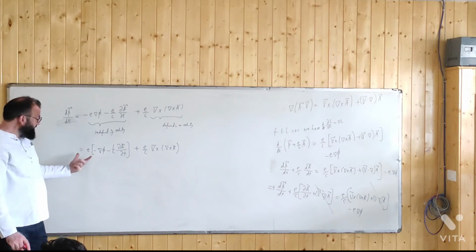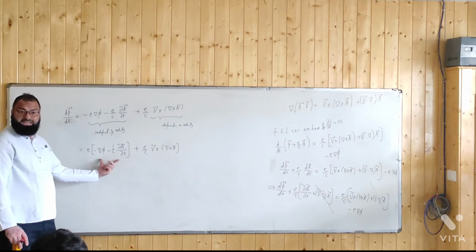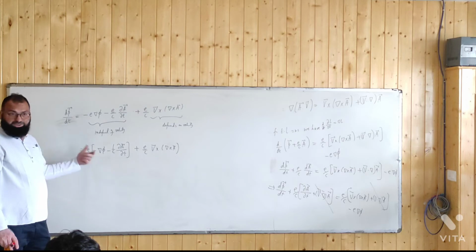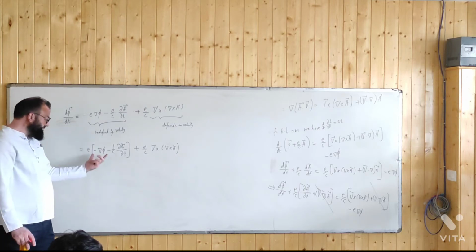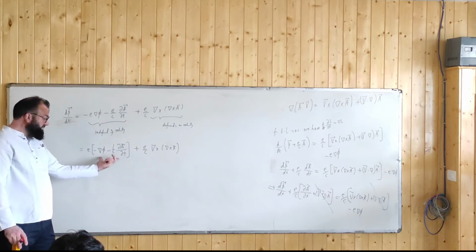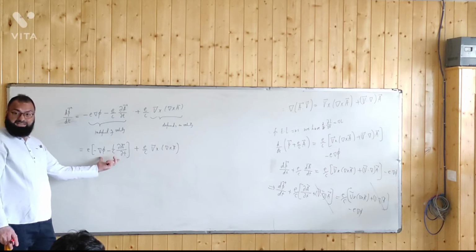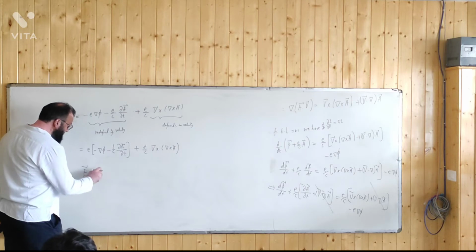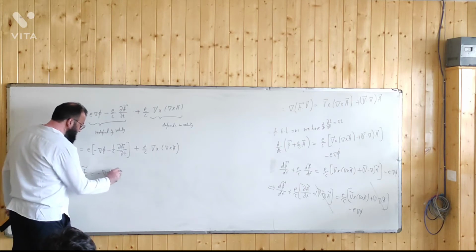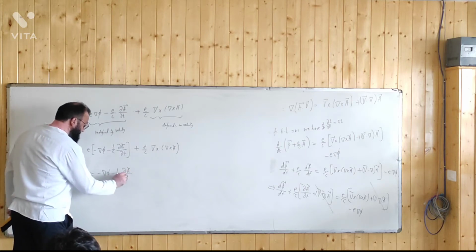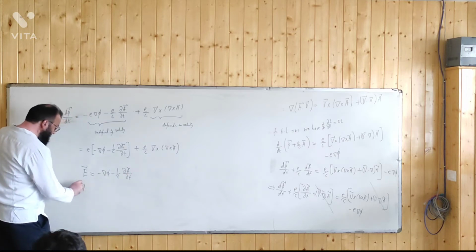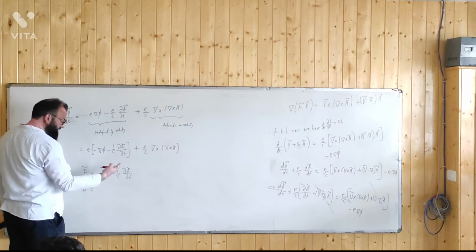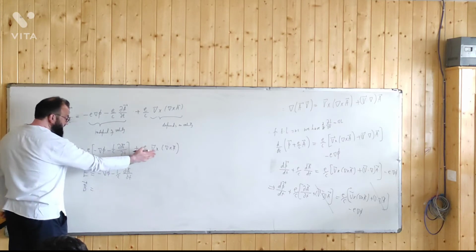Now, if you have a force per unit charge that is independent of the velocity, you call that an electric field. So we call that electric field E, minus del phi minus 1 by c partial A by partial t. The other term gives the force per unit charge that depends on velocity.